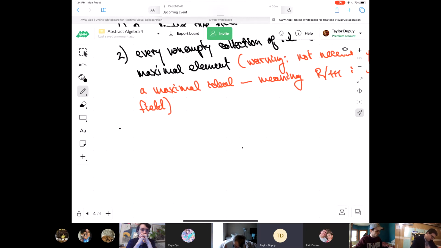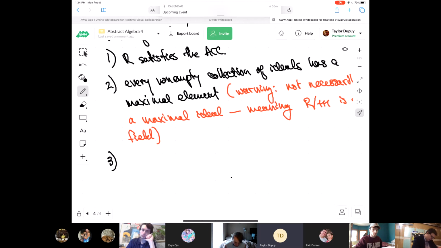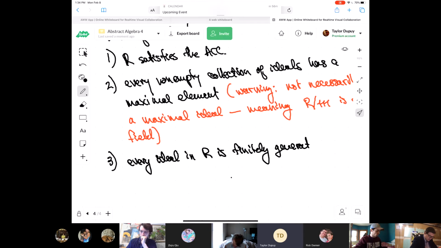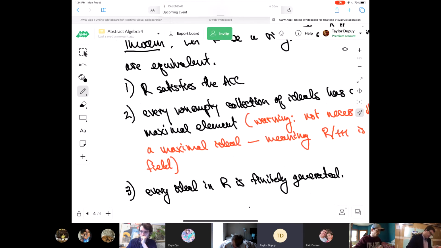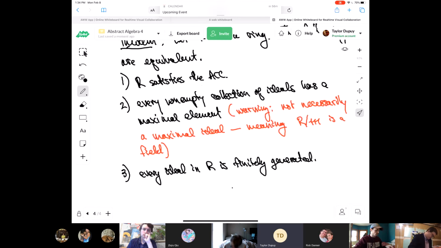Okay, and then the third thing is that every ideal in R is finitely generated. Okay, so these are important equivalent conditions.